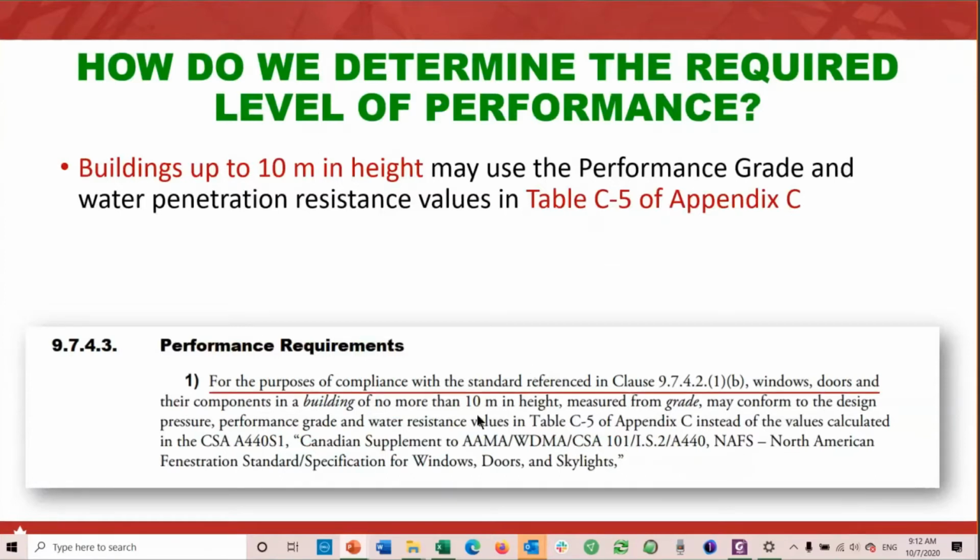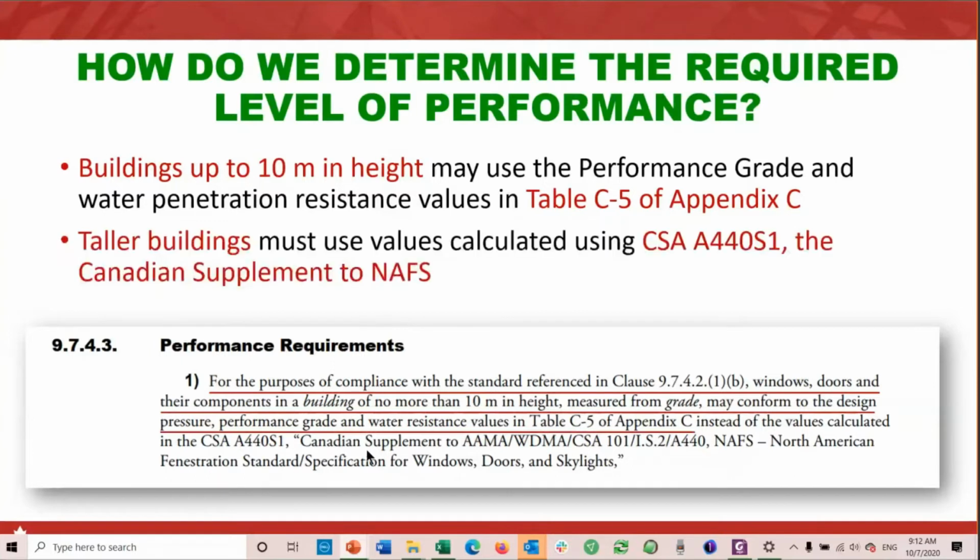And in Article 9.7.4.3, for the purposes of compliance with the standard referenced in 9.7.4.2.1(b), which is the NAFS standard and the Canadian supplement, windows and doors and their components in a building of no more than 10 meters in height, measured from grade, may conform to the design pressure, performance grade, and water resistance values in Table C5 of Appendix C instead of the values calculated in the CSA A440.S1 standard.